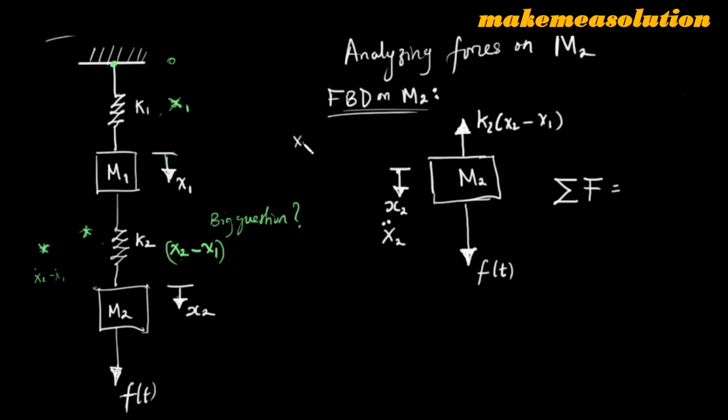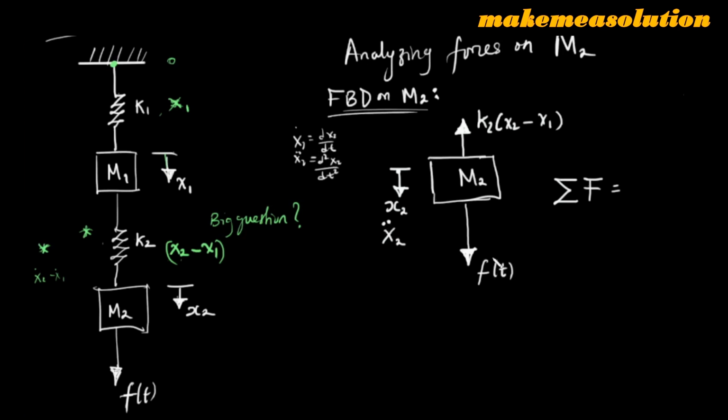Okay, so x2 dot is simply dx2 by dt. x2 dot dot is d2x2 over dt square. So when we are working with time derivatives, to save ourselves the stress of writing dx dt and d2x dt square, we just use the dot notation.